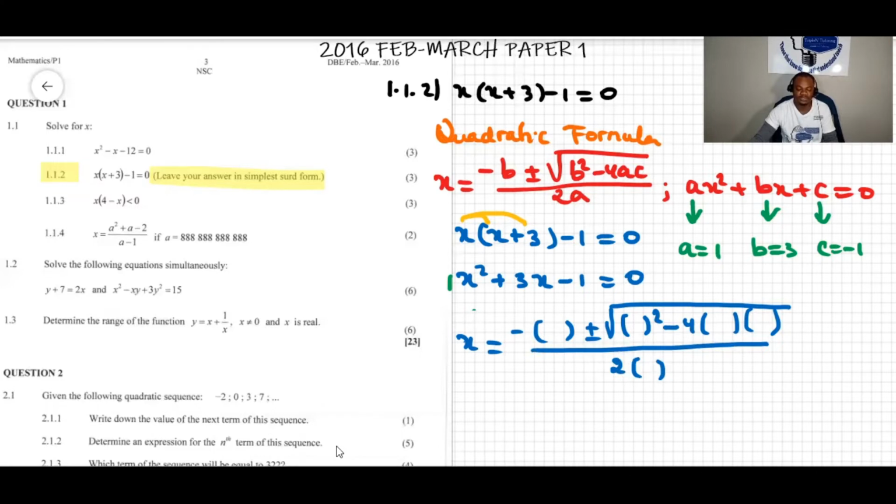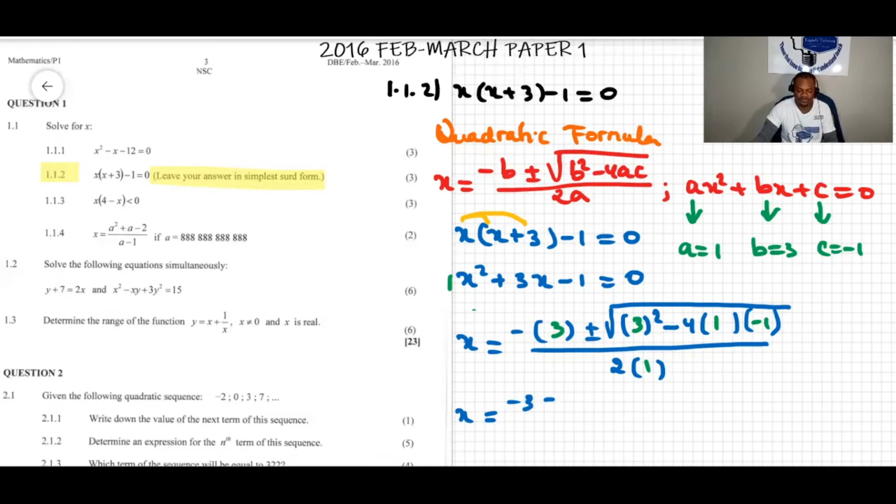So negative b, negative 3, plus minus square root of b squared, 3 squared, minus 4 times a, 1, times c, negative 1, over 2a, a is 1. Then this will generate two solutions. Let's work out the positive one.